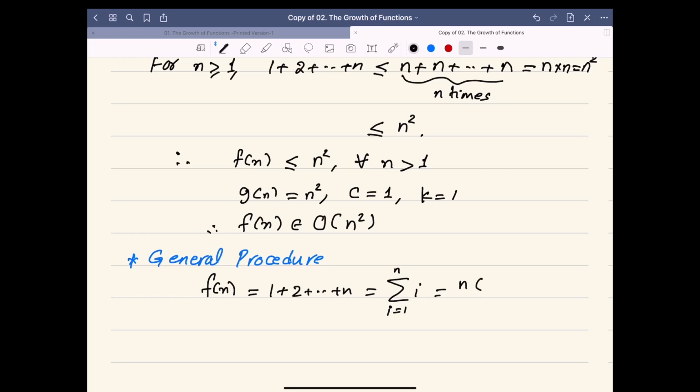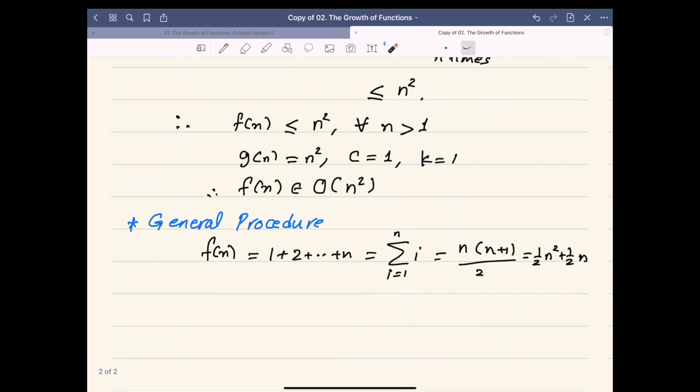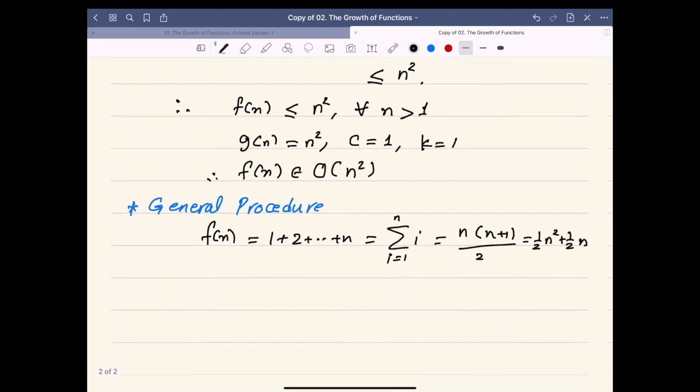It is n multiplied by n plus 1 over 2, and this is half n squared plus half n. So this is a polynomial. So we can say that f of n is equal to half n squared plus half n.